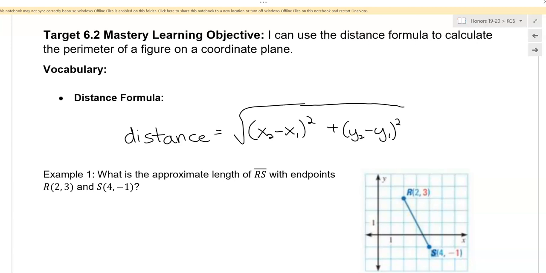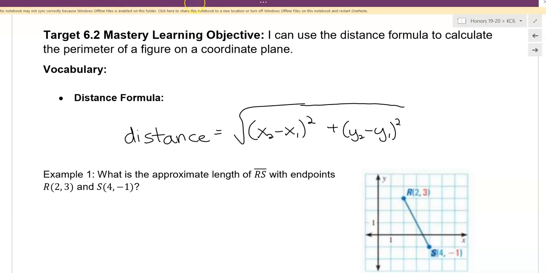It is actually just a reworking of the Pythagorean theorem. So remember, I'm going to do this on the side. Pythagorean theorem is a squared plus b squared equals c squared. If I take the square root of both sides, I have that big square root of a squared plus b squared, which equals c, right?